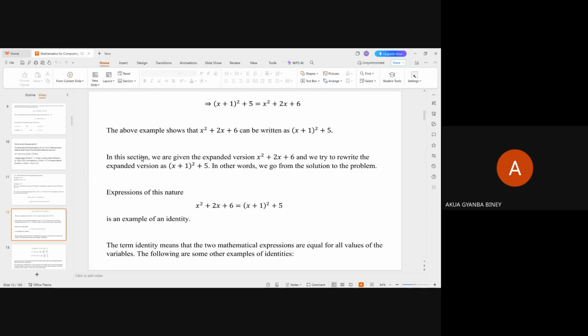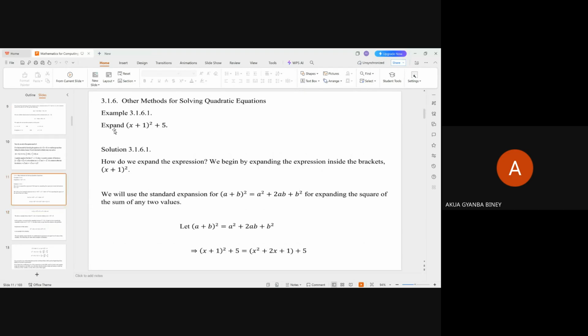In this section, we are given the expanded version and we try to rewrite the expanded version as the question given. In other words, we go from solution to the problem. So the question can be to express this in another form.